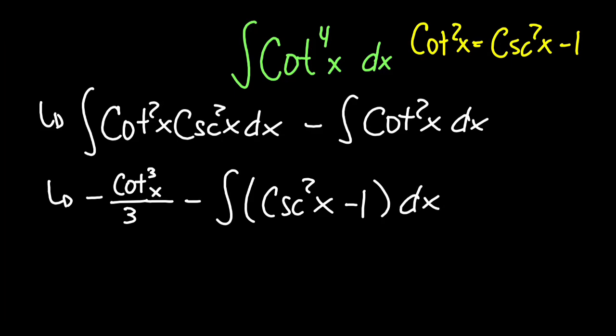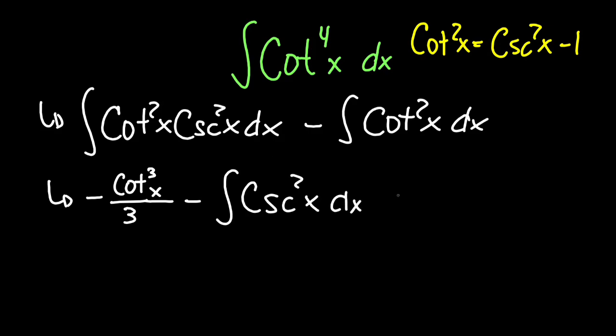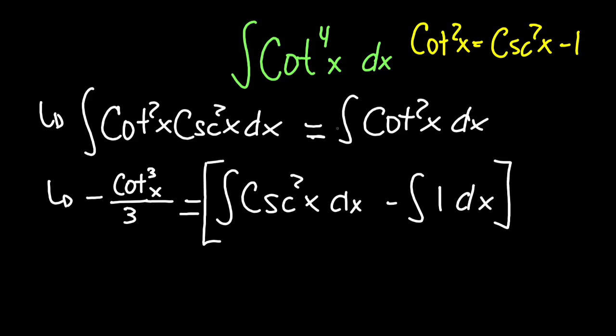And now we can actually split this integral into two parts. So the first one would be the integral of cosecant squared of x dx minus the integral of 1 dx. Remember that this is all multiplied by negative because of that.